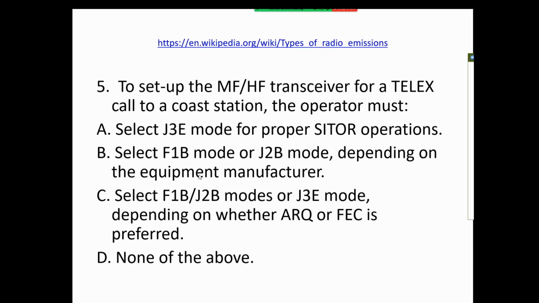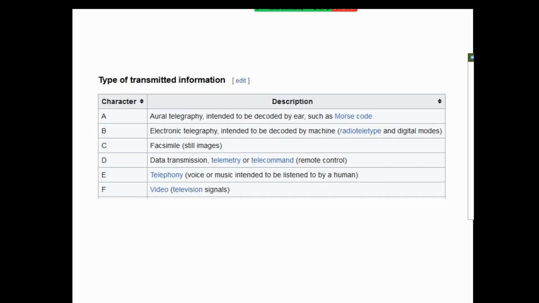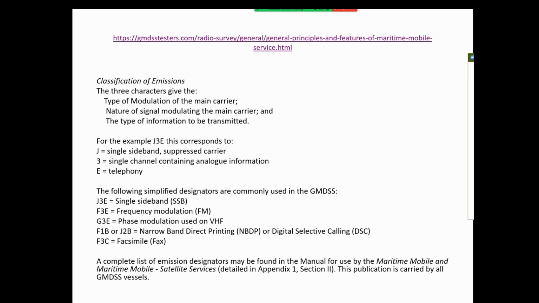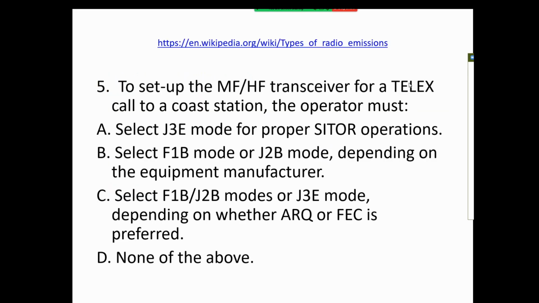I like B the best because it is the telegraph electronic mode, the B, and it's also the one with the two different options depending on the type of the equipment manufacturer. So I'm taking B, yes. Yeah, there it is. F1B or J2B, narrow band direct printing or digital selective calling. And when we looked at the B, that was the electronic telegraph, which I guess would work for telex.